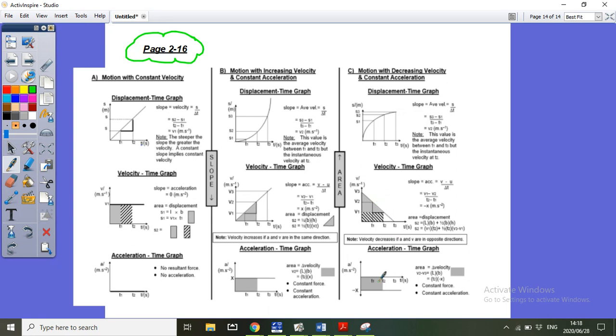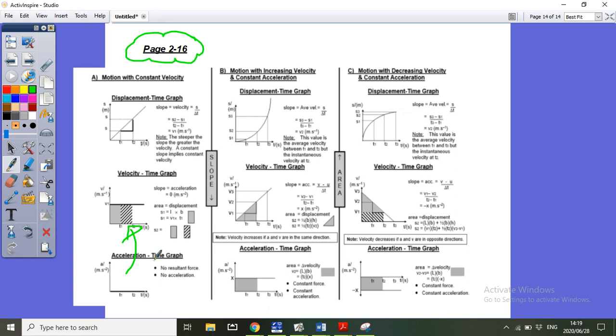When I have an acceleration time graph, the area underneath the graph will give me velocity. I didn't really look at that, but you can see here it's meters per second times by second, or meters per second squared times by seconds, so that's going to give you meters per second. This one is not often asked. I did give you an example so that you can practice it.